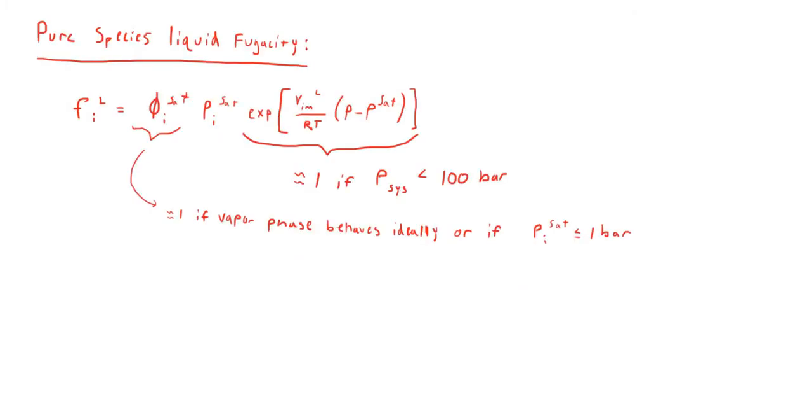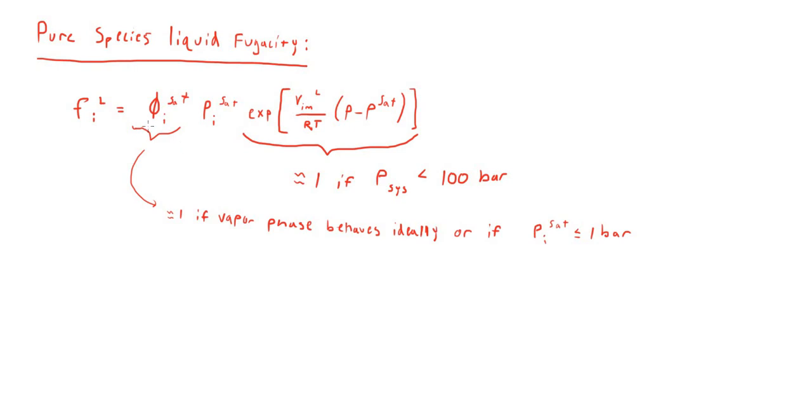The last thing I'm going to go over is pure species liquid fugacity. This is the equation that you use to calculate pure species liquid fugacity. Typically, in the problems that we work with, either one or both of these two terms in the equation right here is going to simplify to 1.